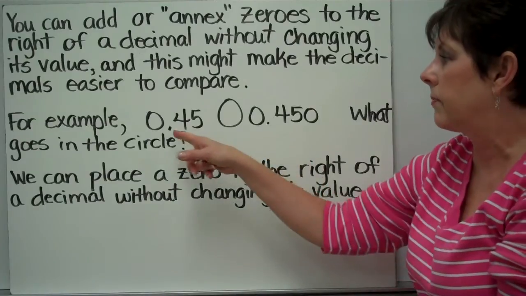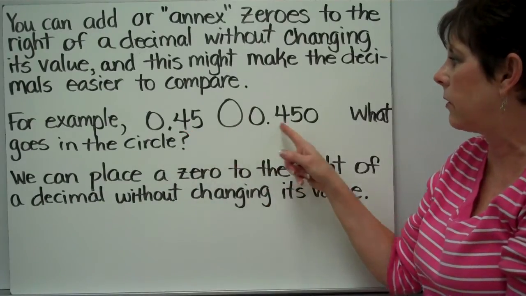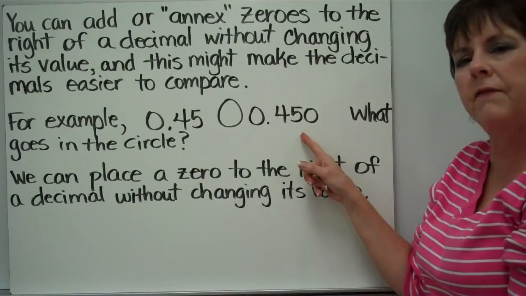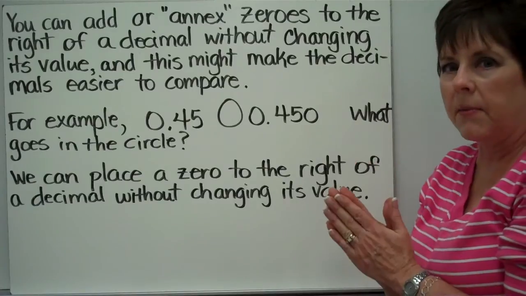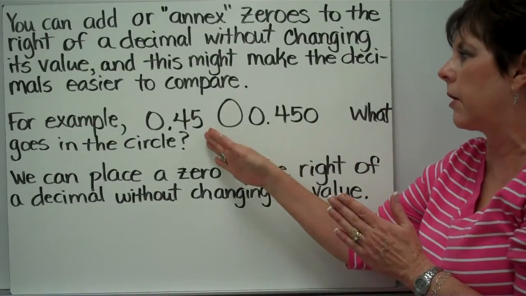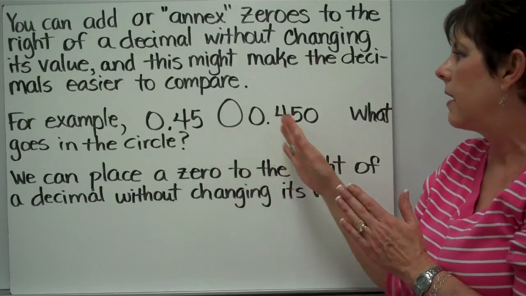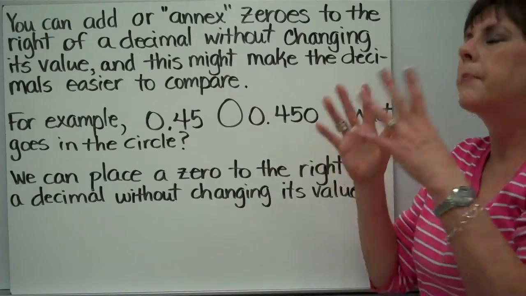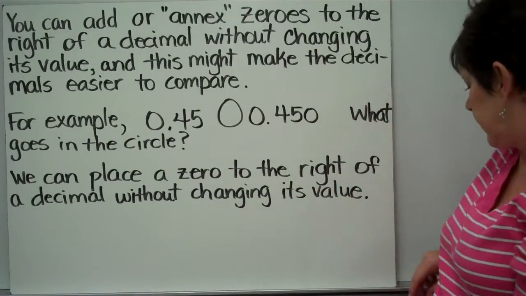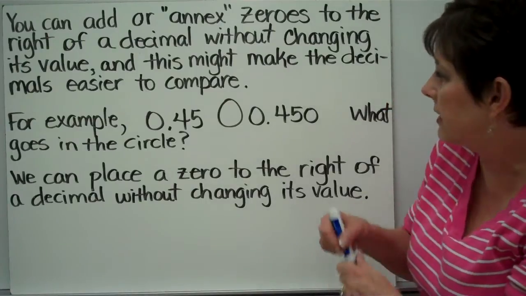Here's an example. 45 hundredths, all right, what goes in the big circle? And here we have 450 thousandths. I have students that will automatically say, oh, this must be smaller because it's only 2 place values, this one's 3. Or they'll say this is automatically bigger. Let's take a look. We can place a 0, remember, to the right of a decimal without changing its value.